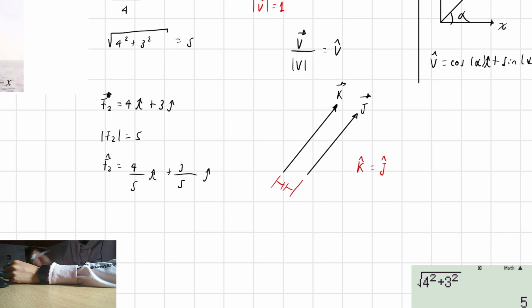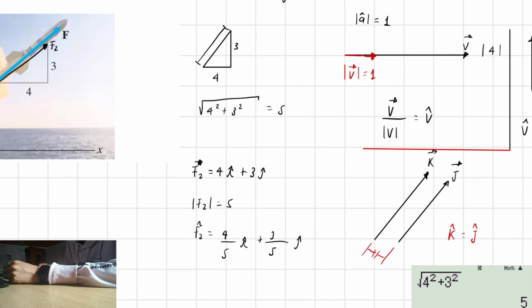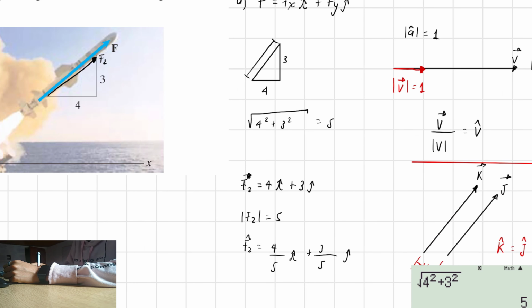Alright, this is a property. Now, because of this, as you can see right here, F2 is parallel to F. F is parallel to F2.